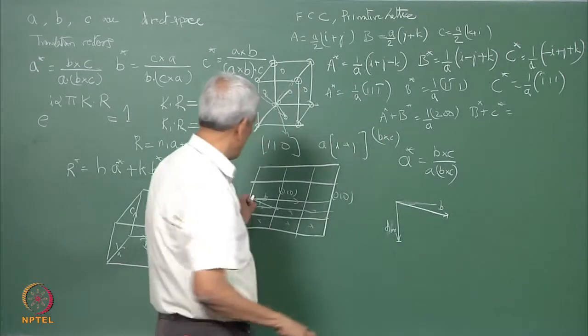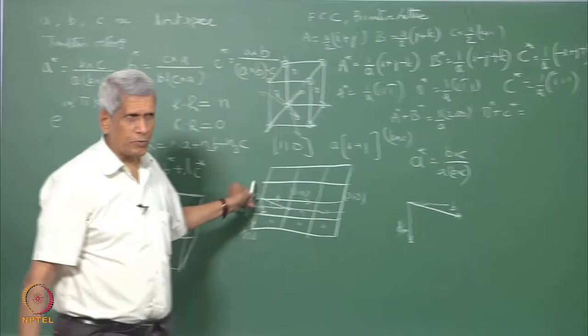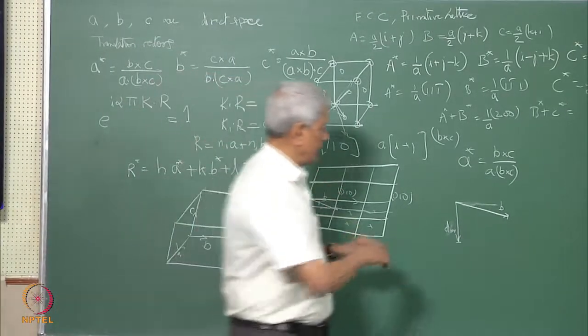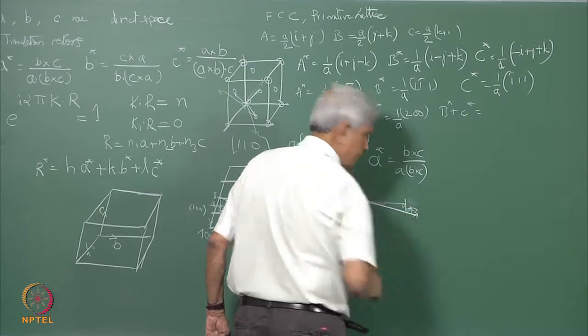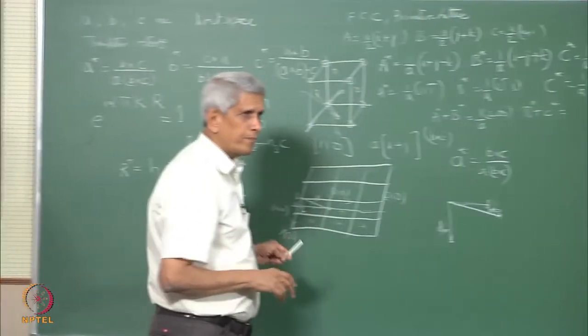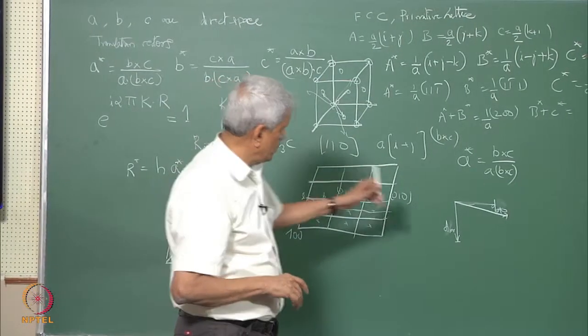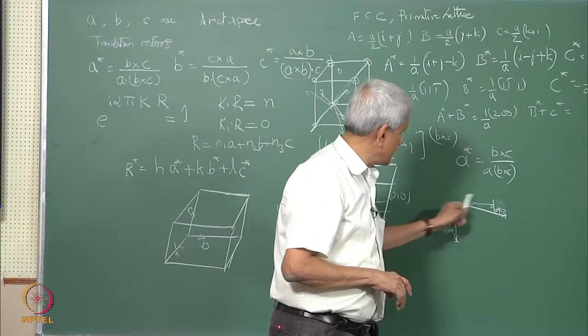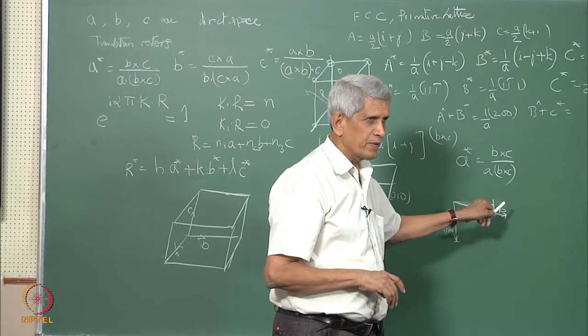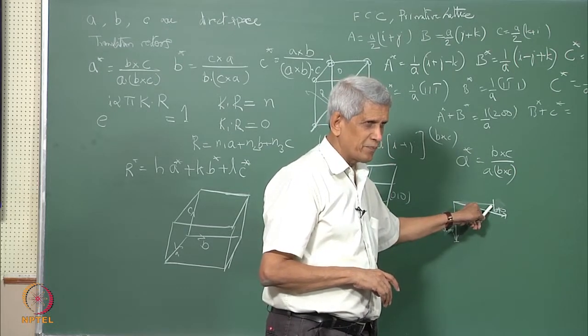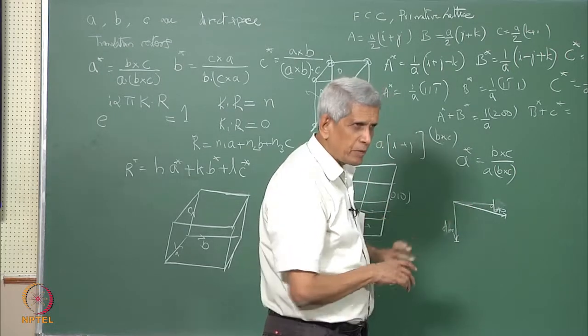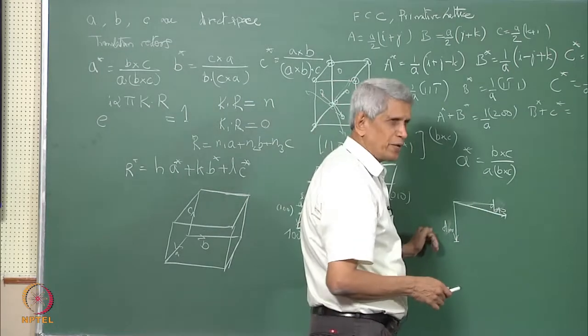This is the distance between 100 planes, and here this we write as d010. If we take the inverse of it, this is going to be larger compared to this one, right? So, when we mark any point, they will be in this ratio.